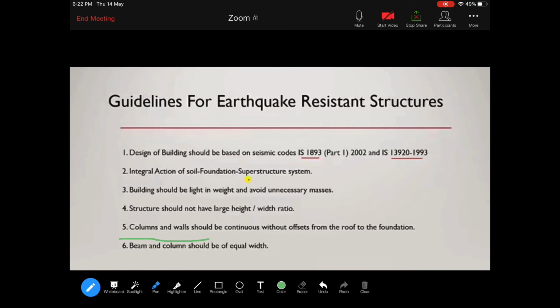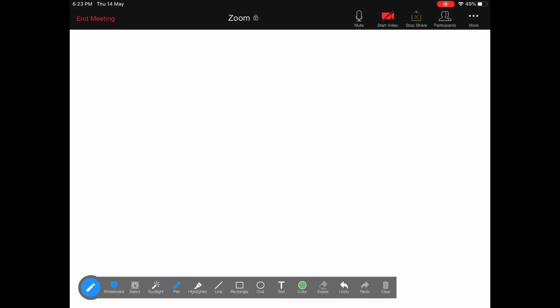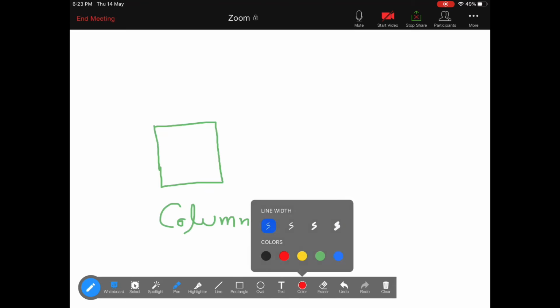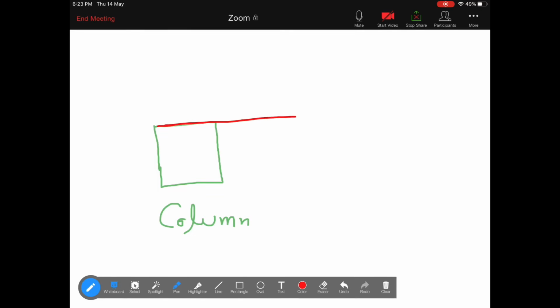Next one is, column and wall should be continuous without offset from the roof to the foundation. Columns and walls are continuous. Next one is, beam and column should be of equal width. See here, this is the cross section of the column, and we consider this red line as the beam.